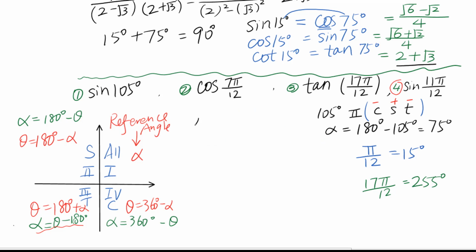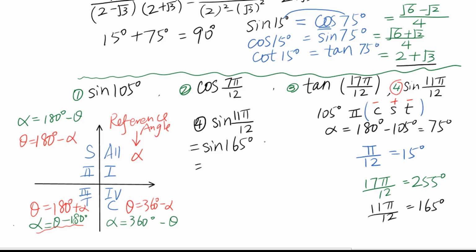Let's go to number 4. Sine 11 pi over 12. 11 pi over 12, that is 11 times 15 degree. That is 165 degree. So we can write down sine 165 degree. 165 degree, that is a second quadrant.